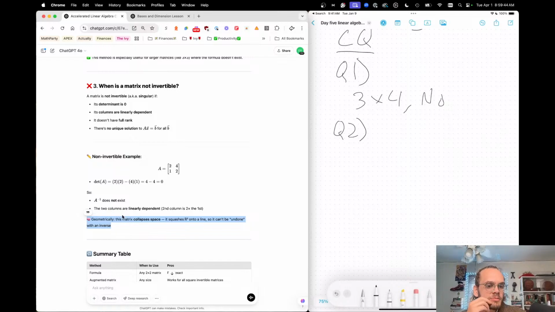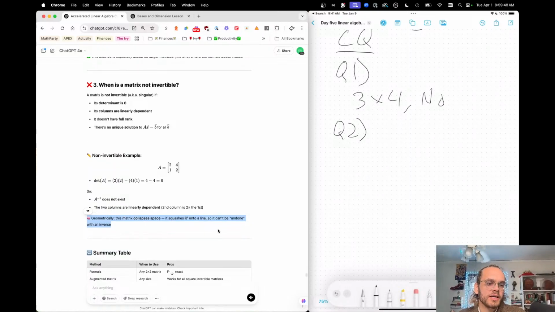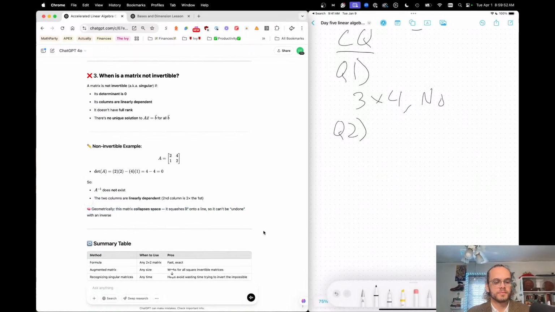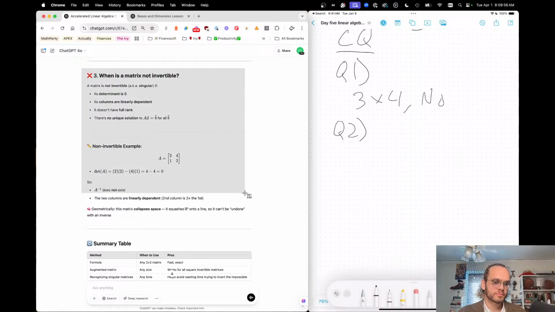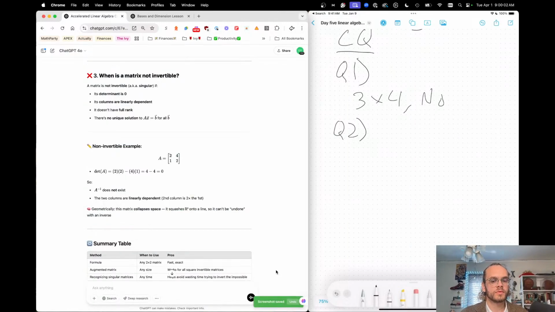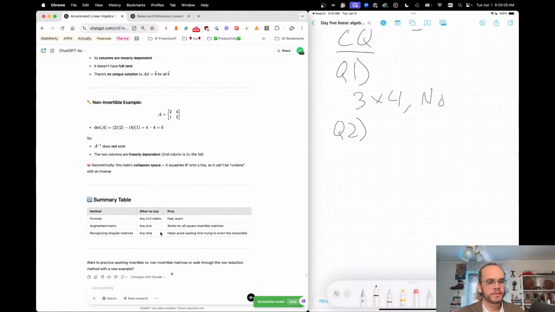The matrix collapses space. It squashes the two-dimensional plane into a line so it can't be undone with an inverse. That's crazy. Screenshotting this whole thing here. All right, we got this summary table, fast and exact for any 2x2 matrix.